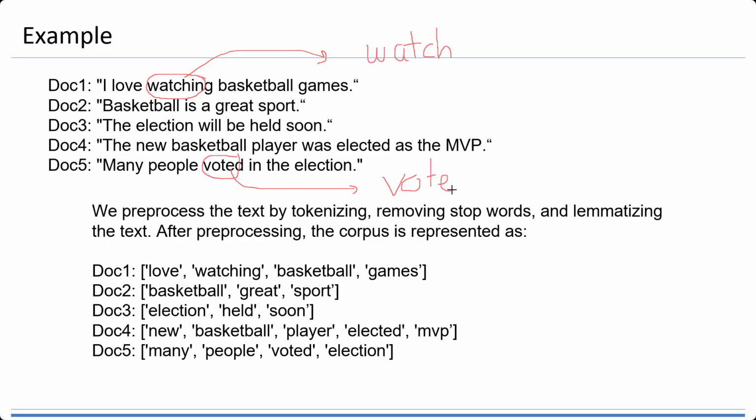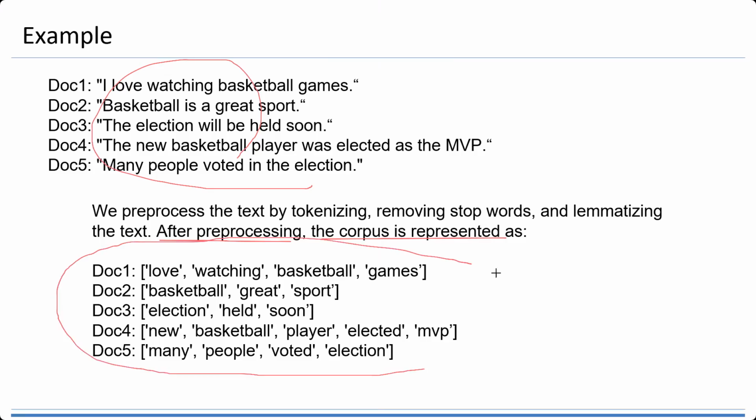So after we do the pre-processing, let's suppose the corpus is represented like this one, just simple. I just keep watching like this, and voted like this. So we just remove the stop words for this pre-processed data.